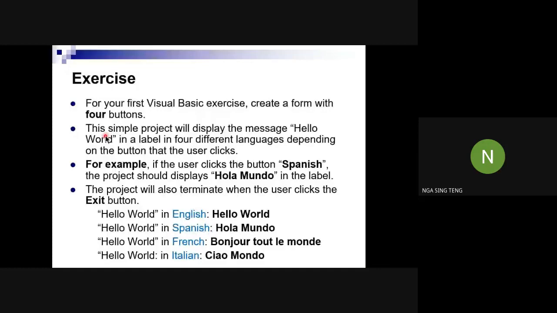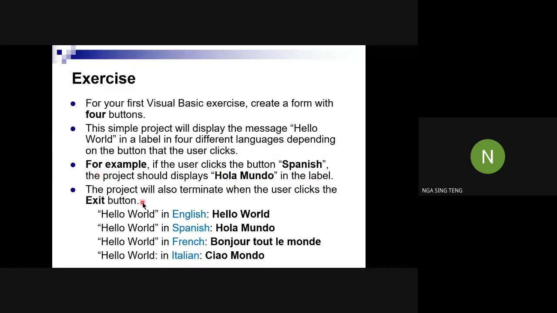So your first Visual Basic exercise: you have to create a form with 4 buttons. A simple project will display the message "Hello World" in a label in 4 languages, depending on the button the user clicks. If the user clicks on Spanish, it will show this in the label.